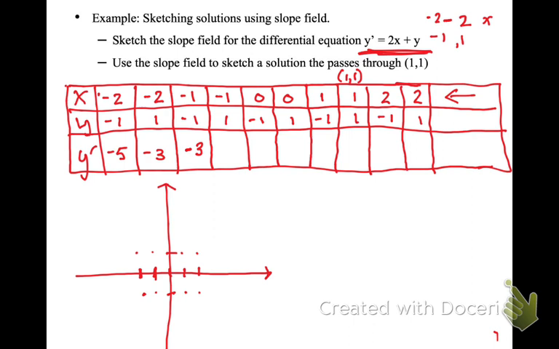And then I have -2 plus 1, so I would get -1. 0 for x, -1 for y, I get -1. 0 for x, 1 for y, I get 1. 1 for x, -1 for y, 1 and 1. 2 and -1, 3, and 2 and 1, 5.